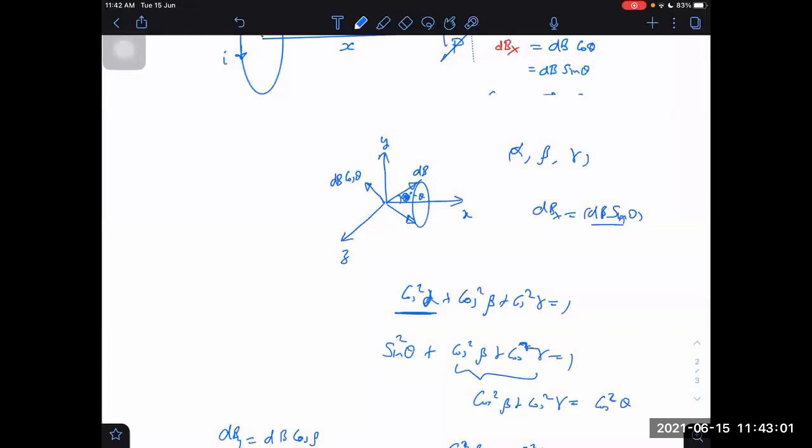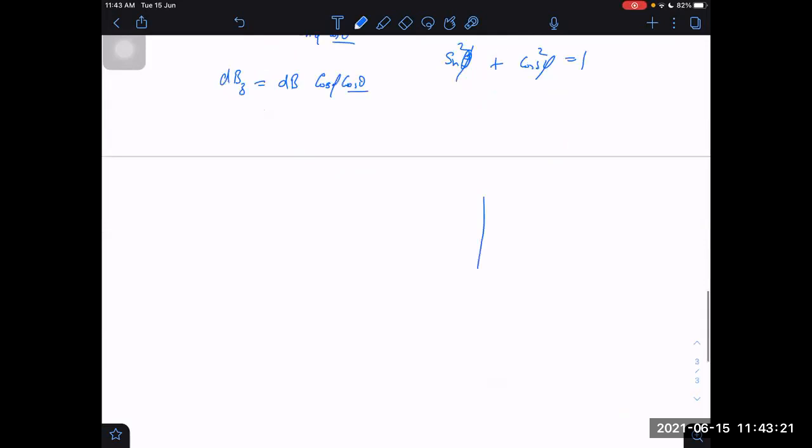How many of you agree with that? Because with the x-axis it is a fixed angle 90 minus theta, then with the YZ plane it will be a fixed angle theta. Then the component in the YZ plane will be dB cos theta, right or not? If I trace the tip of it in the YZ plane, it will be moving in a circle.